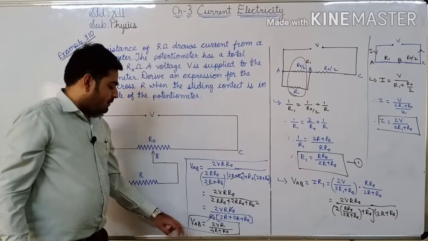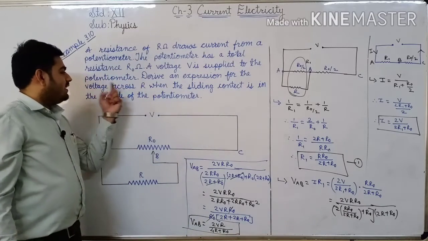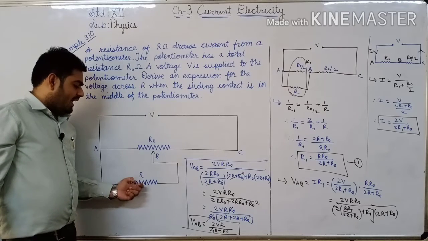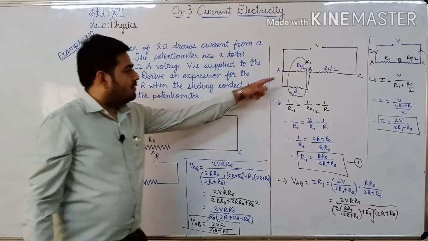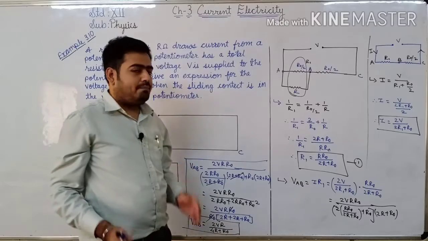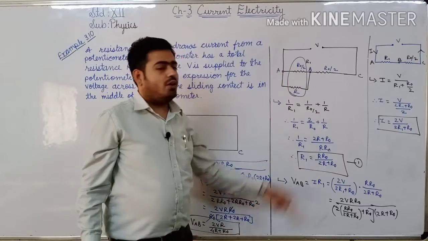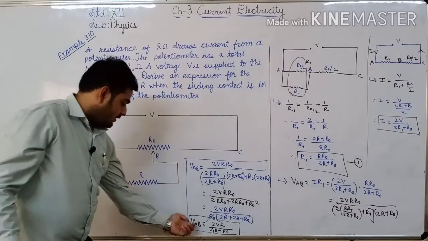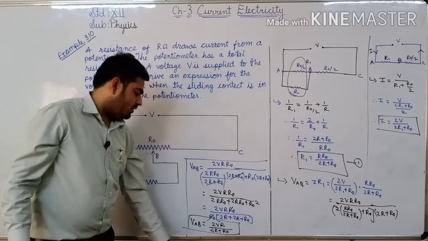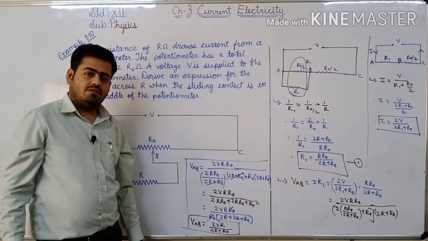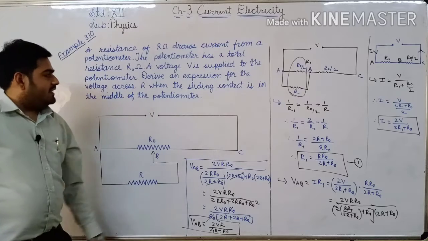Whatever is the potential drop across AB, same is the voltage across R, because R is connected in parallel with R0 by 2, and in parallel connection potential drop remain same. So VAB is equal to 2VR upon 4R plus R0. So this is the answer.